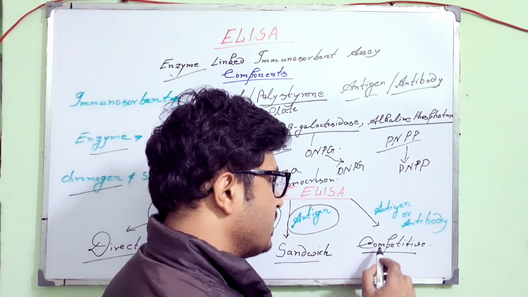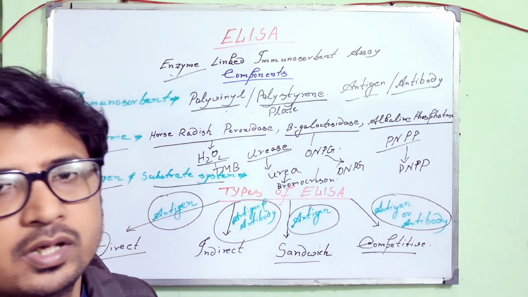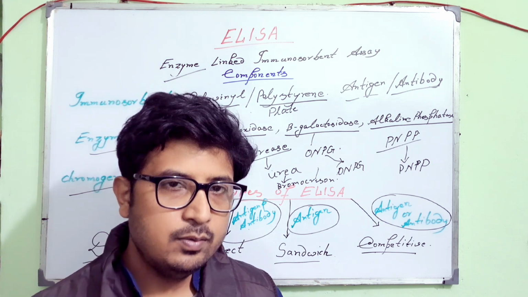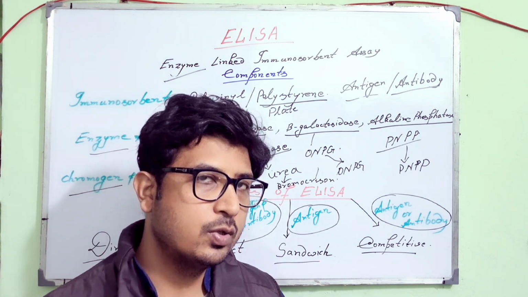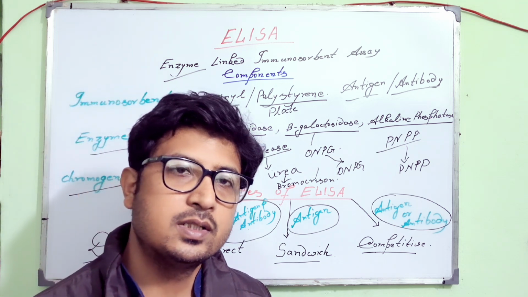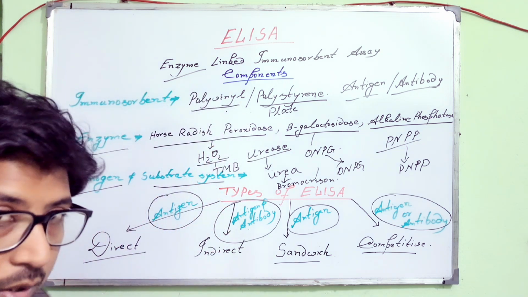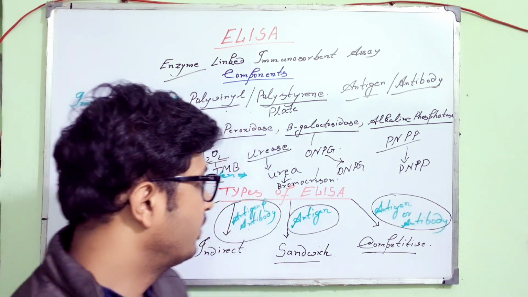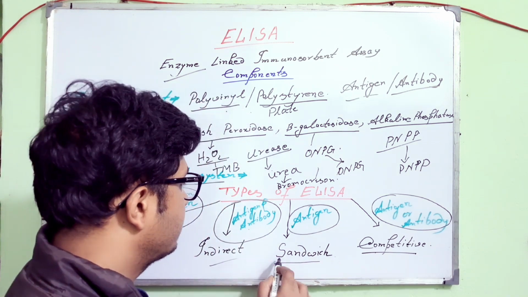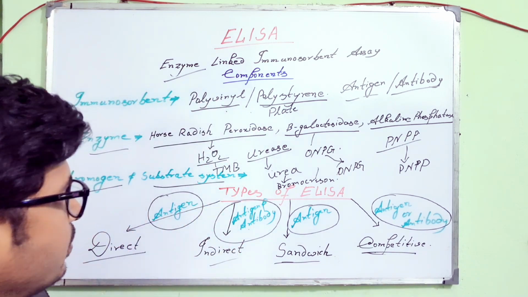And the competitive ELISA can be used for the detection of both antigen and antibody. It is not possible to complete all the procedures in one class, so I will cover them one by one. Today I will tell you about direct. From the next class, I will tell you about indirect, sandwich and competitive, slowly, so that you can understand.